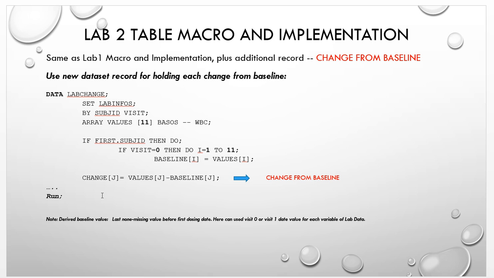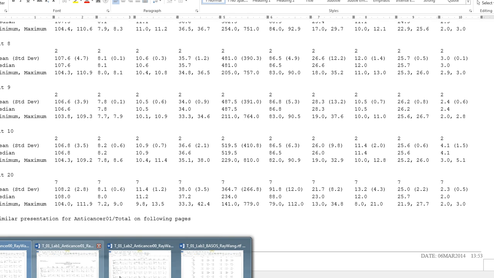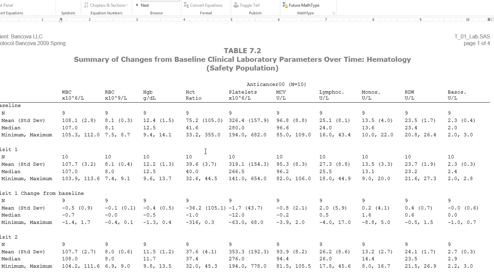That's added as the new row. We get a new output here. Yes, that's the lab 2 table.